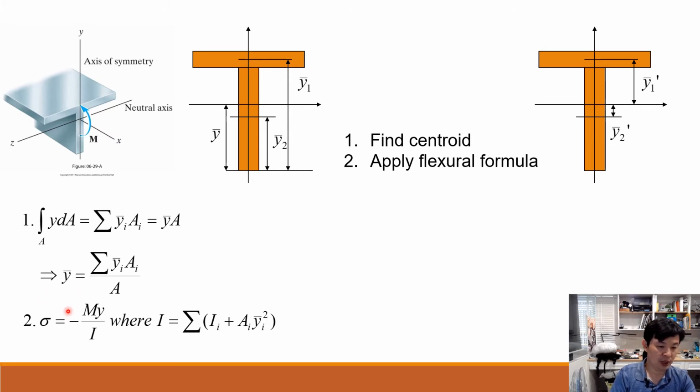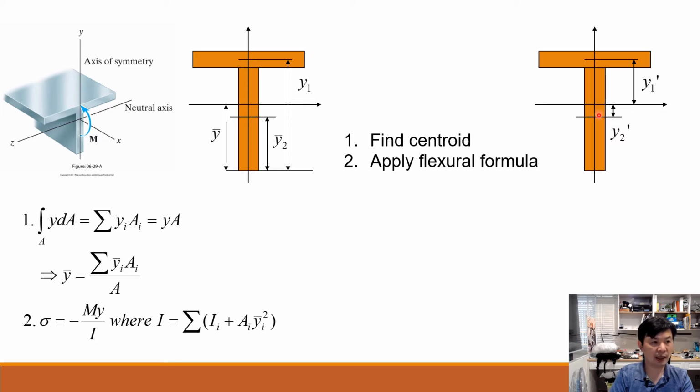After that, we can use this function together with the corresponding I and y in this structure and determine the correct bending stress for this moment M. And about I, we should also be very careful. For example, for each part of this beam, the upper part and the lower part, its own centroid is located over here and here.